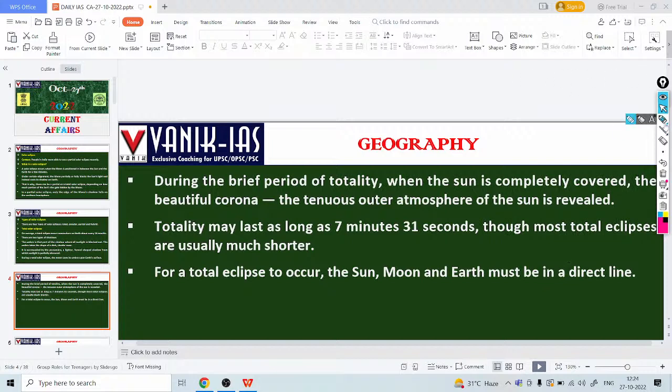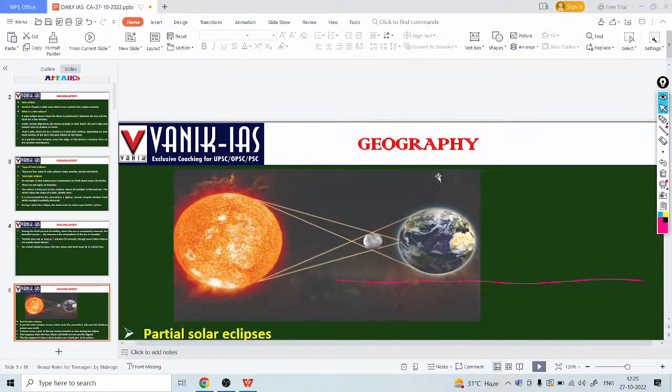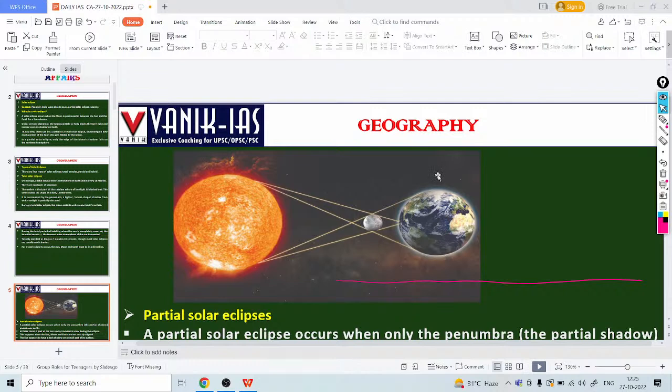For a total solar eclipse, the sun, the moon, and earth must be in a direct line. In that case, a total solar eclipse may take place. Fine. See, this is the sun, the moon, and the earth.